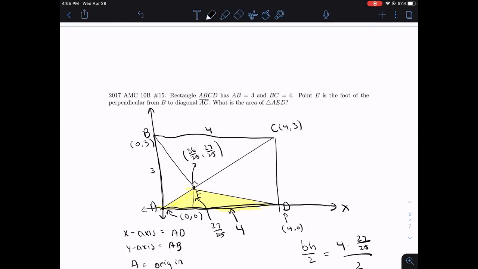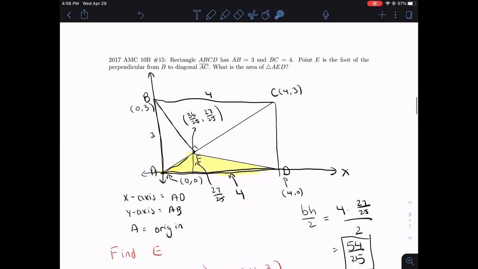I'm actually not sure what the actual solution is, but I would assume it's using the similar triangles around here to find some lengths, then just computing the area. But similar triangles, at least for me, are kind of hard to find.